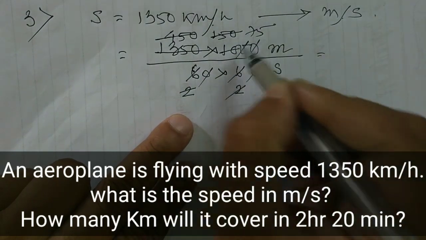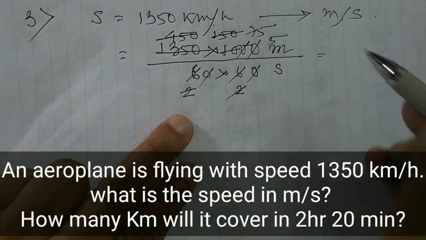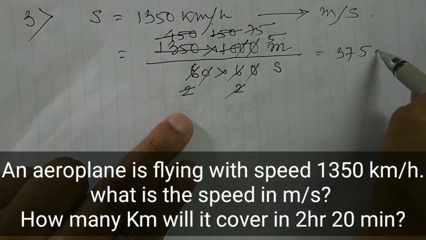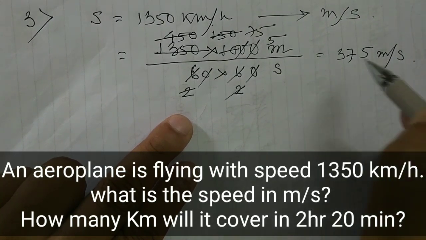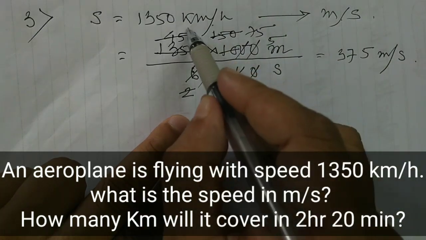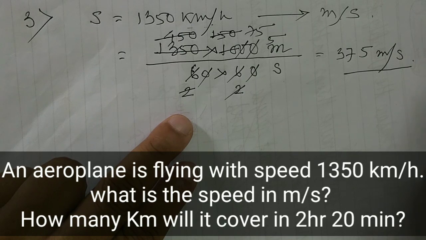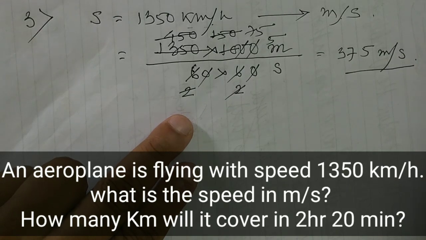By 2, 5. So 75 into 5, 375 meter per second. So we have converted our kilometer per hour into meter per second. I hope you understood. What is the next part of this question? How many kilometer will it cover in 2 hours 20 minutes?